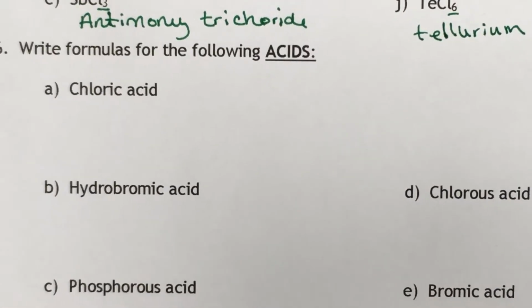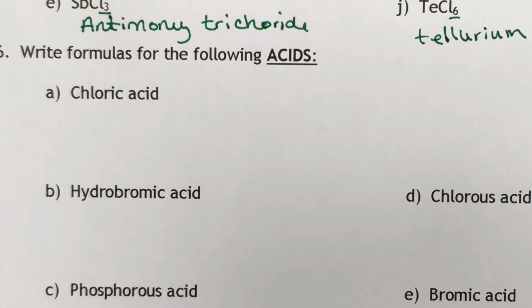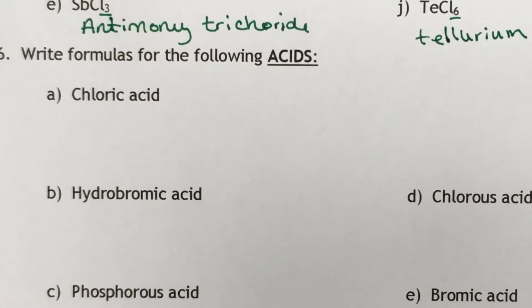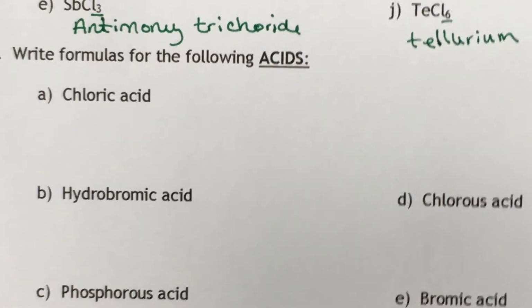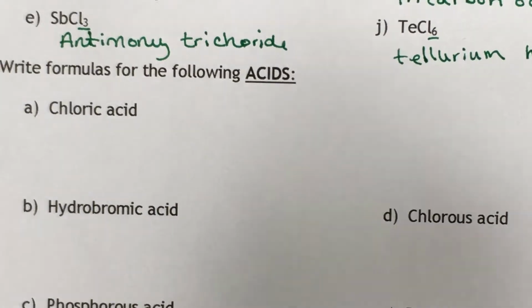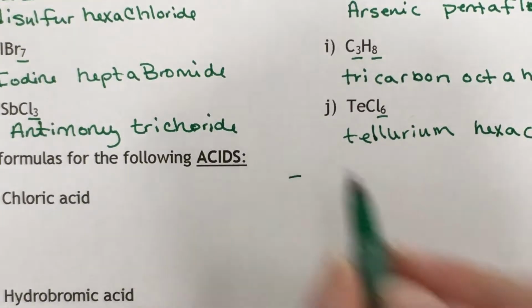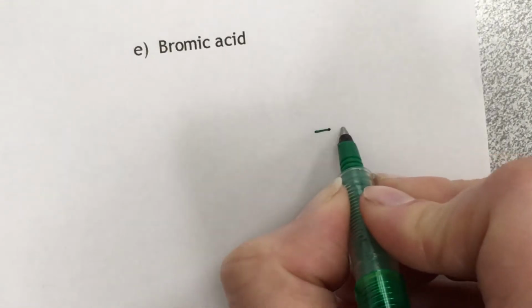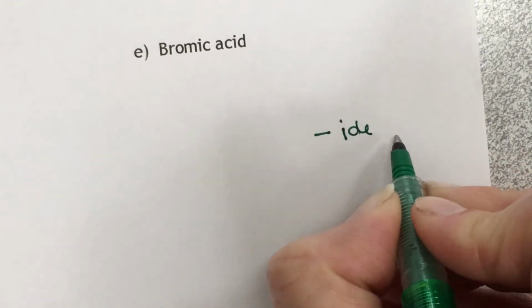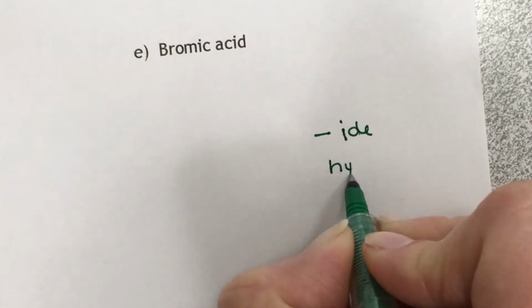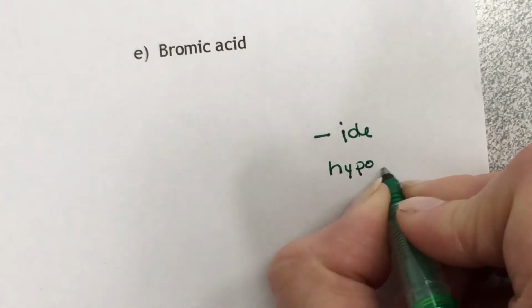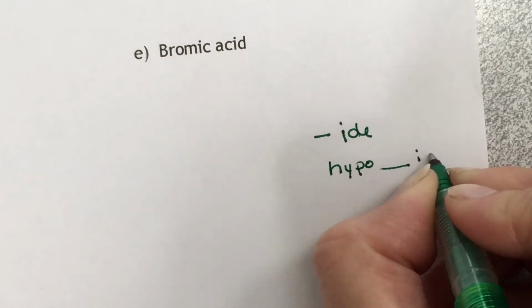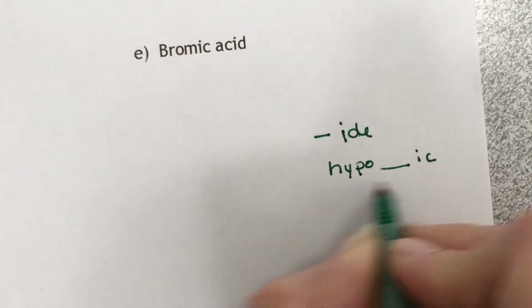All right, now we have naming acids. This is kind of in between on difficulty level, just because it is kind of awkward to name these. But there's only 3 rules to naming them. Remember, if it ends in IDE, then you have hydro, ic.